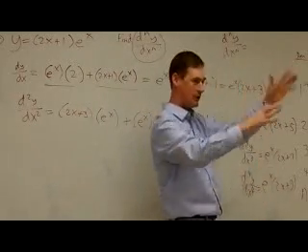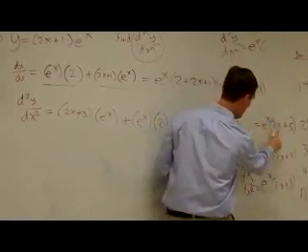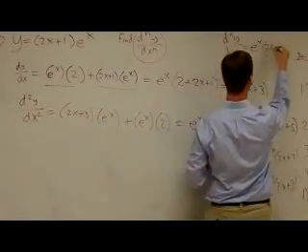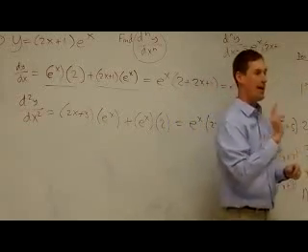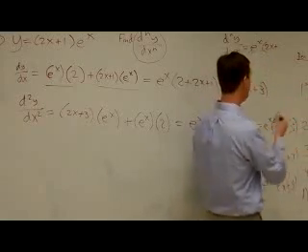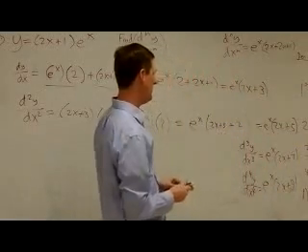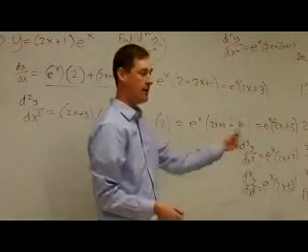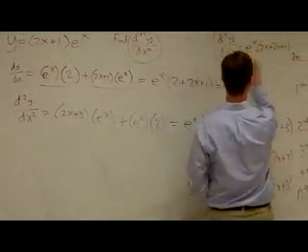E to the x is constant throughout, so e to the x times 2x plus, and that number is 2n plus 1 every single time. Just like the easy sequences we did, right? It's a little harder with derivatives, but it's the same kind of thing. What makes the sequence? How do I get 3, 5, 7, 9? And you find 2n plus 1 and it works. And so, there you go.